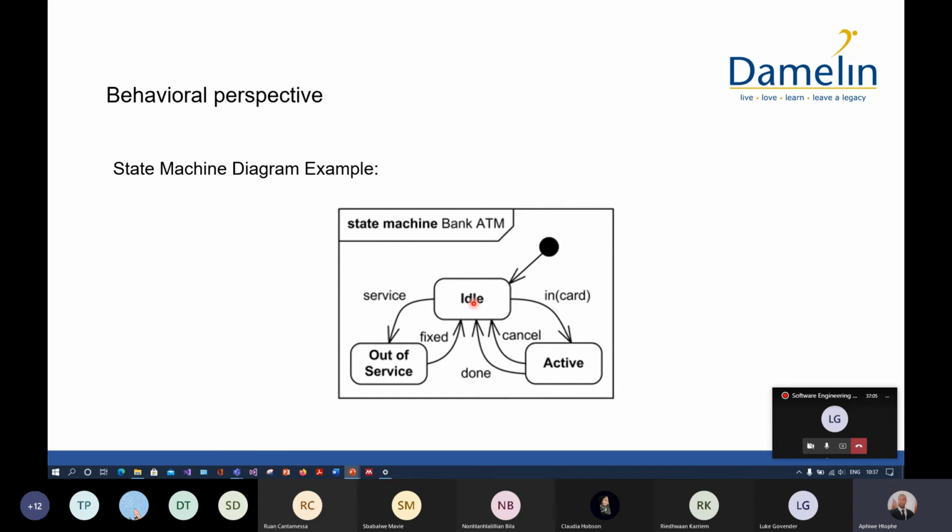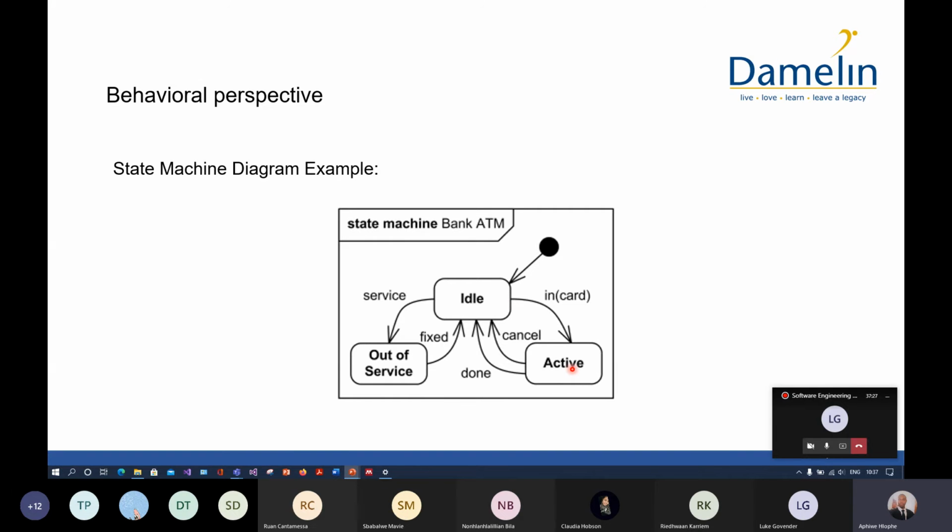What needs to be done for the ATM to go from idle state to active state? Okay, the user needs to insert their card. So when the user walks up to the ATM and it's idle and they insert their card, it takes the ATM from an idle state to an active state.